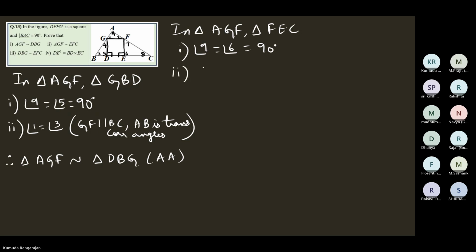And then angle 2 of the top triangle is equal to angle 8 of the bottom triangle, FEC. Angle 2 is equal to angle 8 because GF is parallel to BC and AC is the transversal. Corresponding angles are equal.